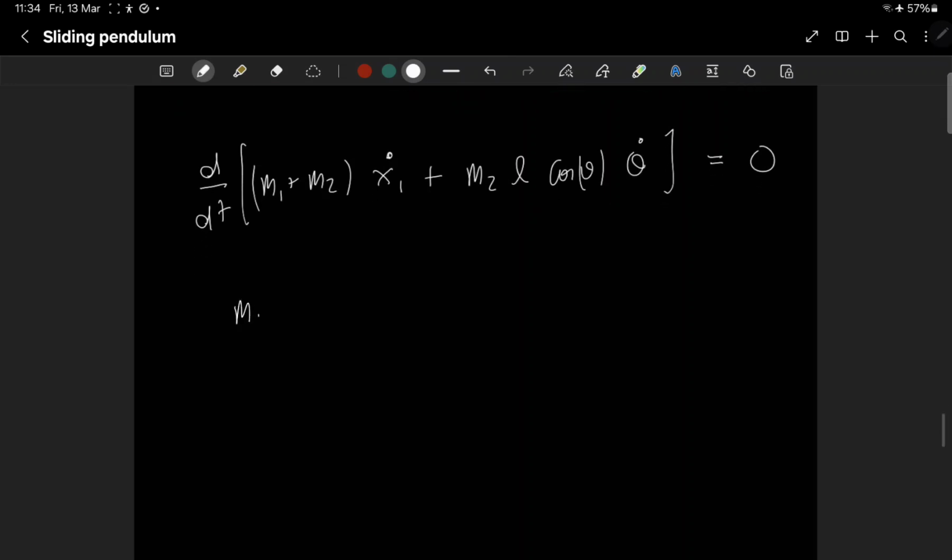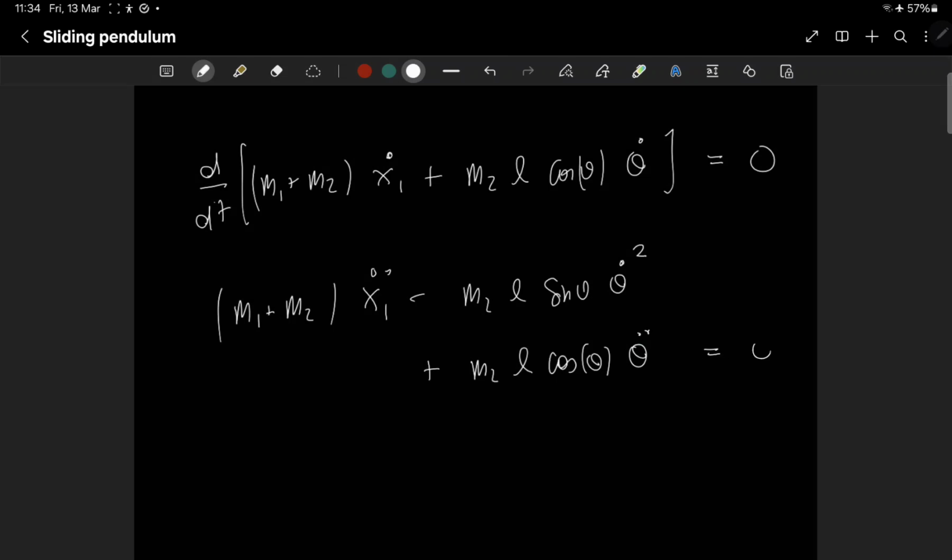We have the equation of motion m1 plus m2 x1 double dot, because we differentiate with respect to time over here, plus m2 l sine theta theta dot squared, and this should be minus because we get a minus from differentiating cosine theta, and then theta dot squared, and then plus m2 l cosine theta theta double dot, and this is equal to 0. So this is the first Euler-Lagrange equation.